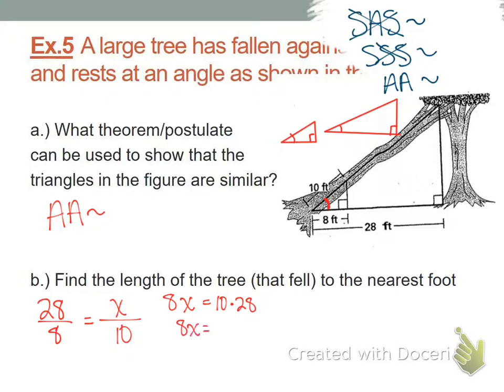So 8x equals 280. When we divide, what do we get for x? 35. My units are feet. Did it come out to 35 exactly, or is that after you rounded it? 35. Okay.